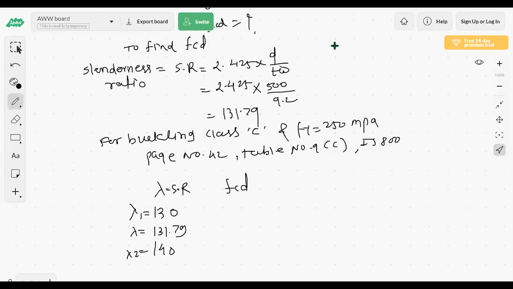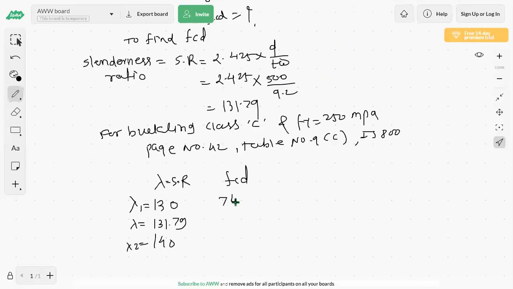For 130, it is 74.3, and for 140, it is 66.2. See, for 130 the FCD value is 74.3 and for 140 it is 66.2.